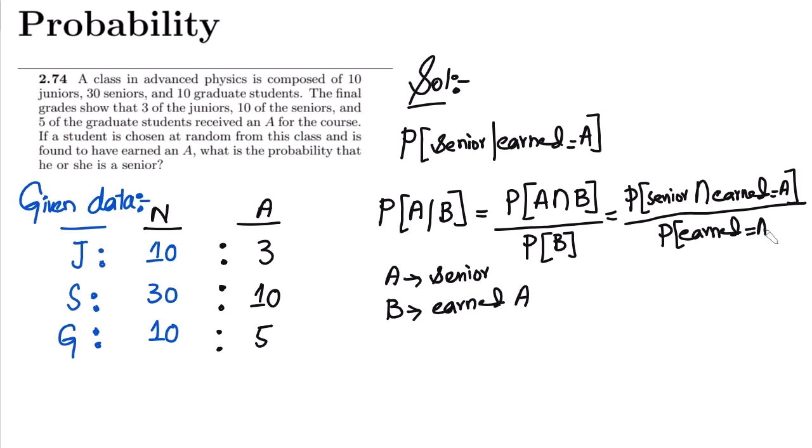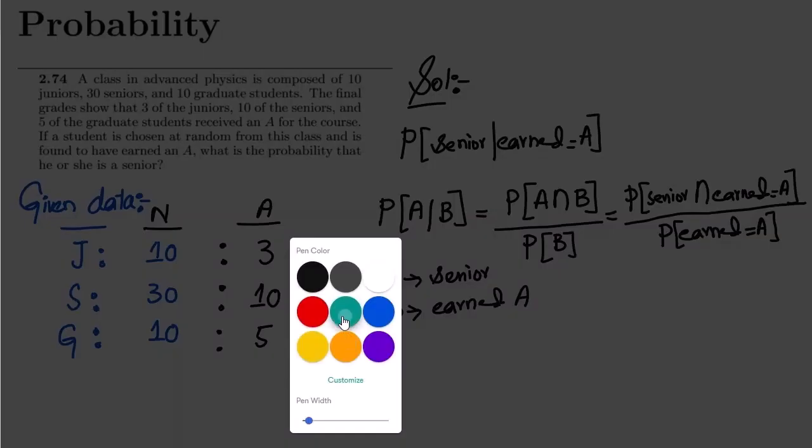Do we know the probability that a student is a senior and has also earned an A? Yes, that is also given here.